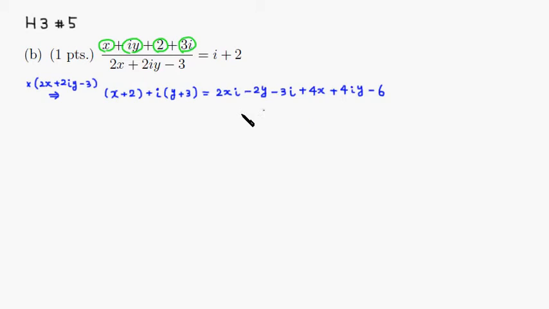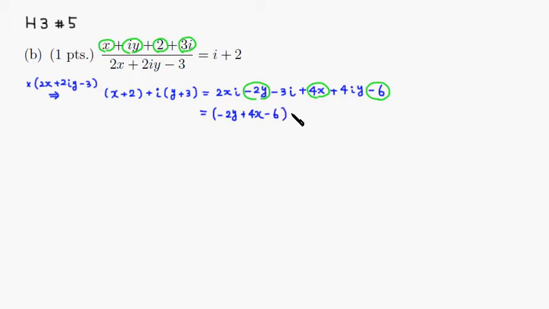Then I'm going to group the real terms and the imaginary terms together. The real terms are negative 2y, plus 4x, minus 6.